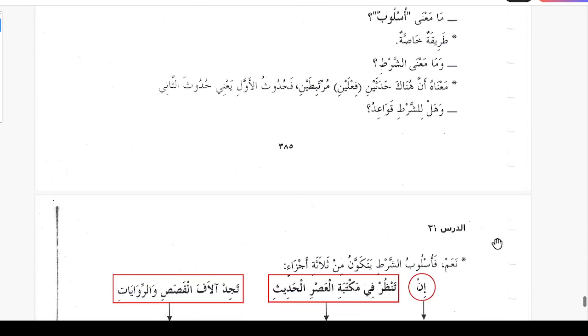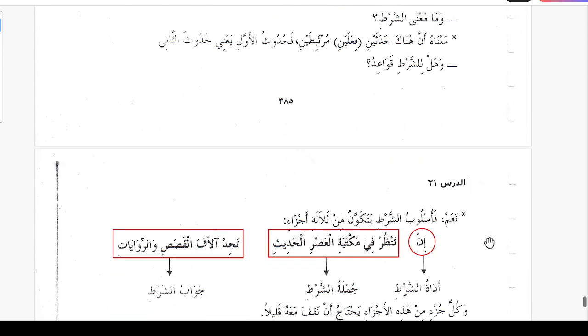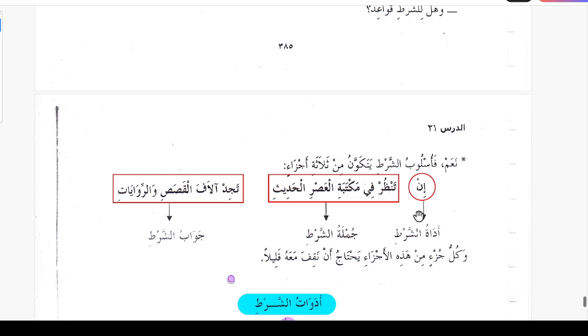So now if we take the same sentence, the first one, in tantazur fi maktabat asri, we can break it into those three parts. In is the first part, and then this is jumla fi'liya tanzur fi maktabat asri hadisi, the condition. Then what happens if this condition is fulfilled?